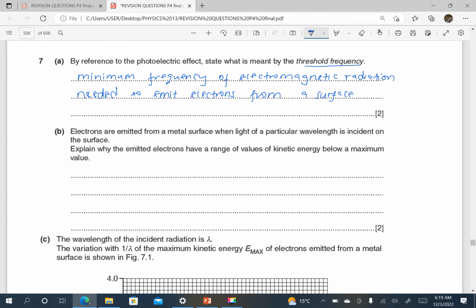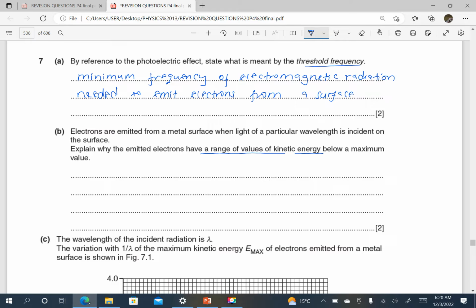Electrons are emitted from a metal surface when light of a particular wavelength is incident on the surface. Explain why the emitted electrons have a range of kinetic energy. We have answered such a question. Remember, those on the surface are the ones with the highest energy. Those below the surface require energy to come to the surface, so their energy will be less than the maximum.